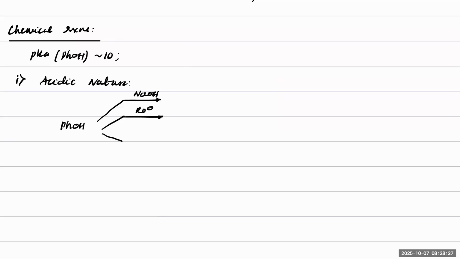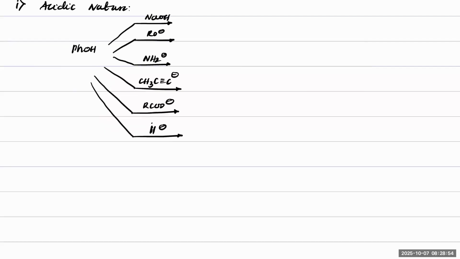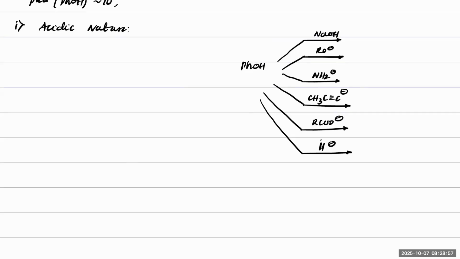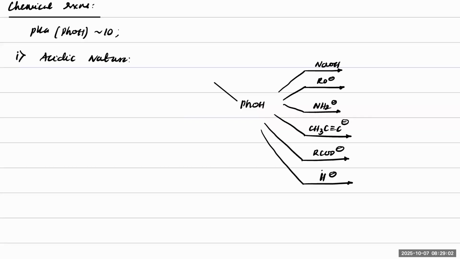or if you react that with NH2 minus, if you react that with CH3, C triple bond C minus, if you react this with RCOO minus, H minus, or you can react that with HCO3 minus.